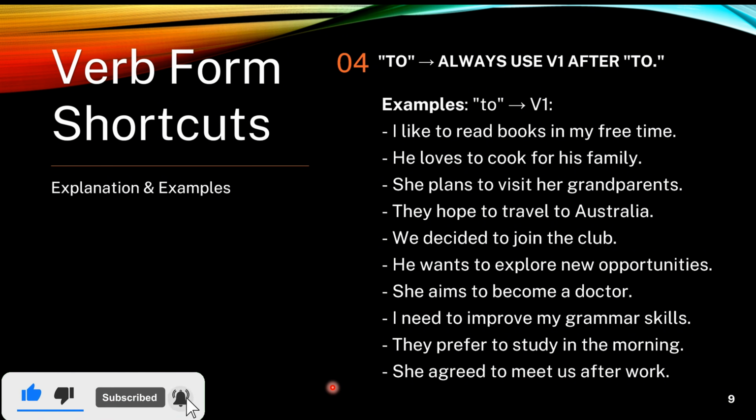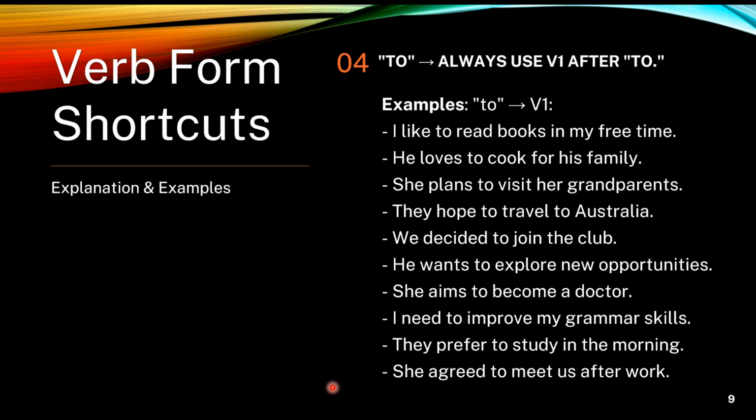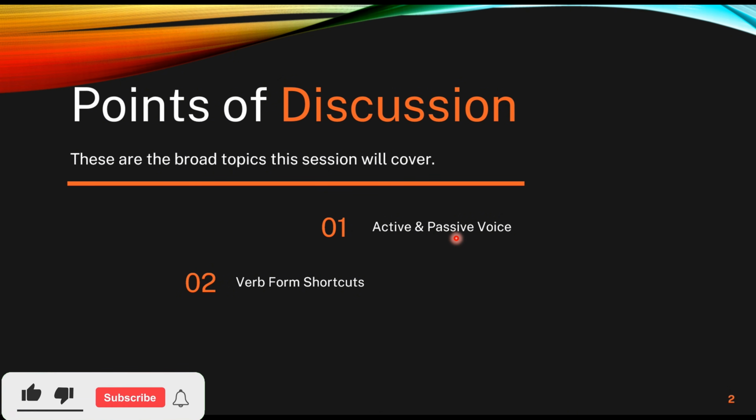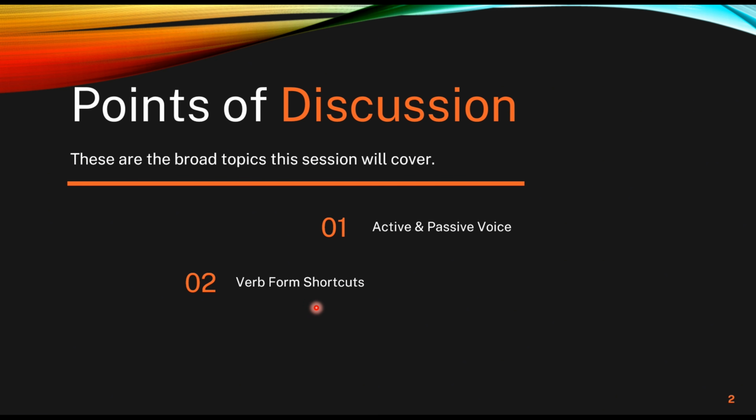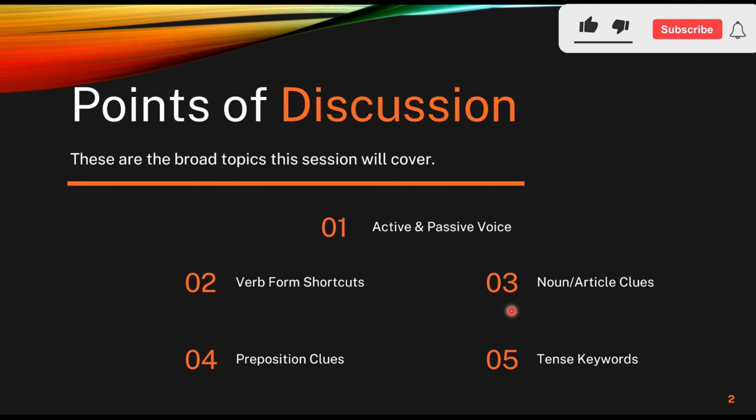You can message me. I'll try my best to help you guys. All right, so what we have completed up until now, we have covered active passive voice and verb form shortcuts. In my next videos, you will see the next 3 of these rules: noun article clues, preposition clues, and tense keywords.